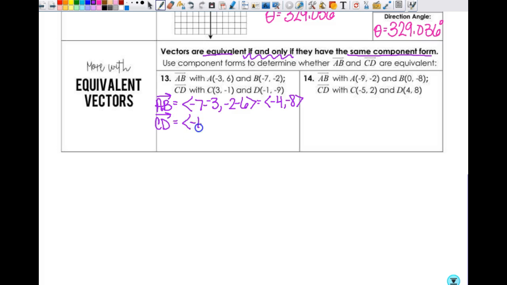That's going to be -1 minus 3, -9 minus a -1. It's going to give me -4, -8. So the locations were clearly different because my ordered pairs were different. The component form is exactly the same. So it has the same distance, same direction. That means that vector AB is equal to vector CD. There's my little statement there.